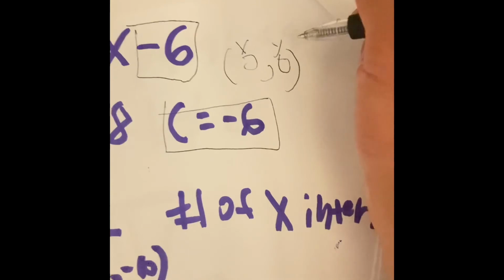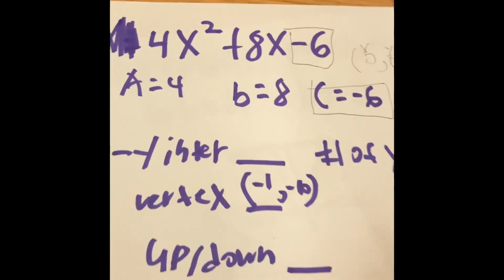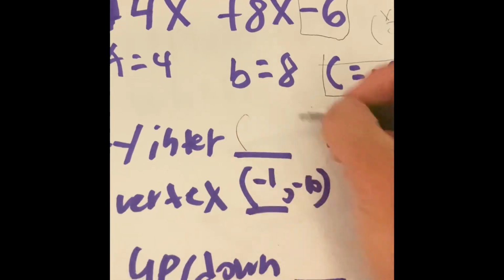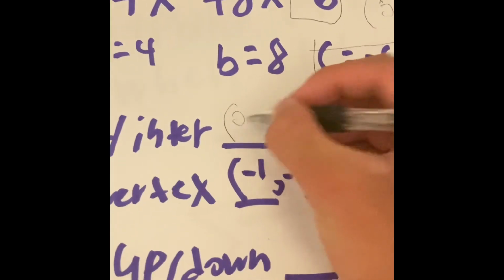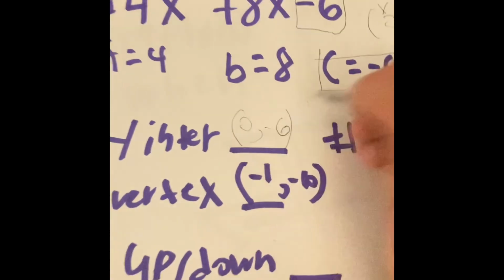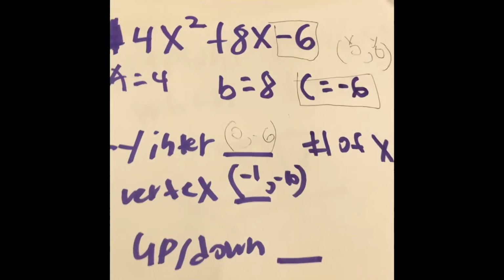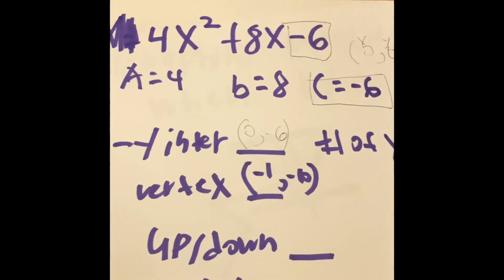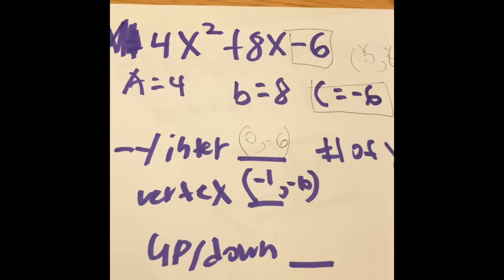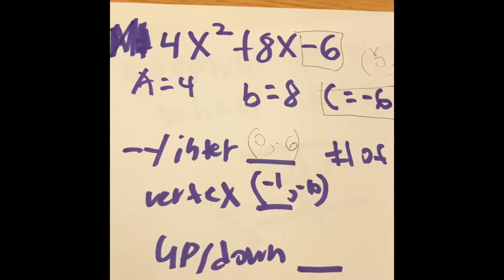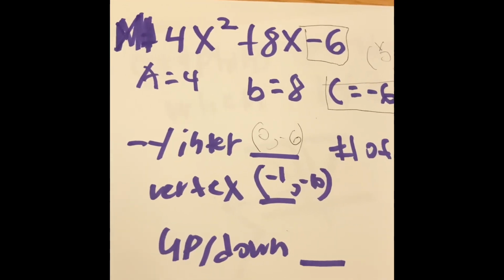In this scenario, we have a y-intercept of parentheses 0, comma, negative 6. When we do that, there's another point that will magically appear before our very own eyes, because when we graph that, we'll be able to use the line of axis.